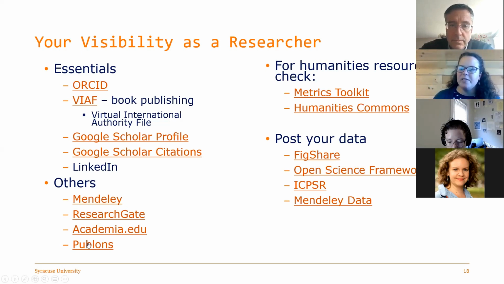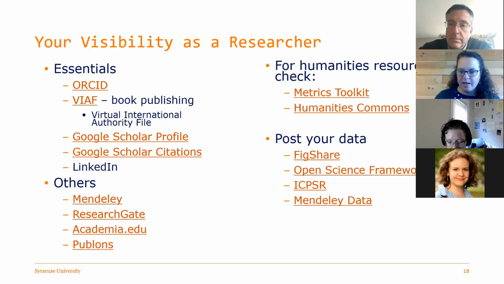You also have services like ResearchGate and academia.edu, which are in the news a lot because they are popular places for people to just put their works. But these companies are for-profit companies, and you are the product.